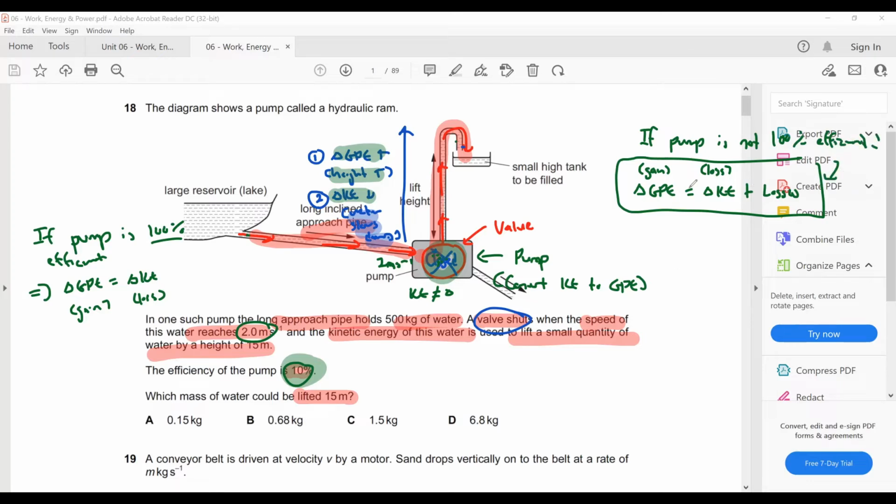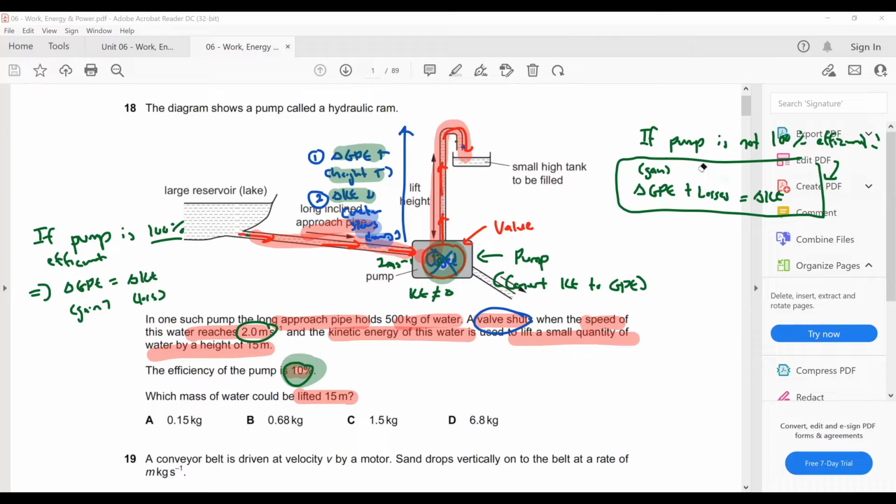Not all your KE loss, the KE that you lost, wait, now let me just write this. Your GPE gain, oh sorry, there's a mistake here. This one would be losses or change in KE.